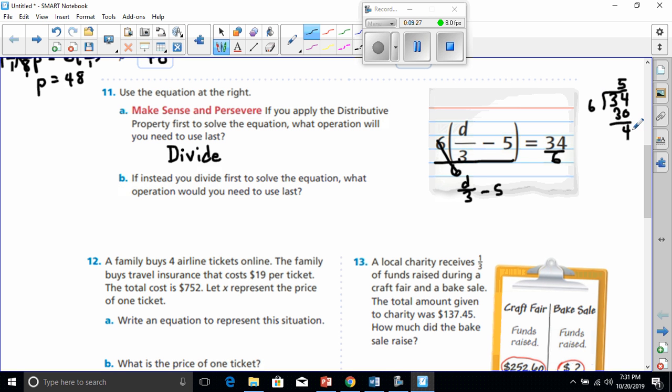And 4 over 6 can be 2 over 3 when we reduce it. So this would be equaling 5, well, if I left it, I could leave it 34 over 6, or I could turn it into 5 and 2 over 3.